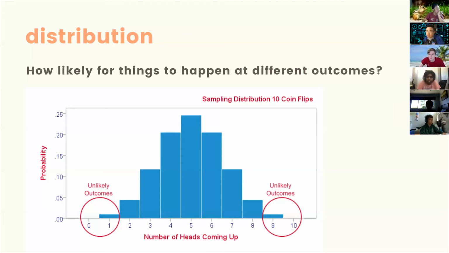So the distribution is literally, okay, you do the following. You basically say, let's just do these 10 coin flips 1,000 times, right? You do that 1,000 times. And you count, okay, how many times did you get 5 heads? How many times did you get 10 heads? How many times did you get 4 heads or 3 heads, and so on and so forth. And then you get all these numbers, how many times you got 10 heads or 5 heads, and you divide it by 1,000, right?